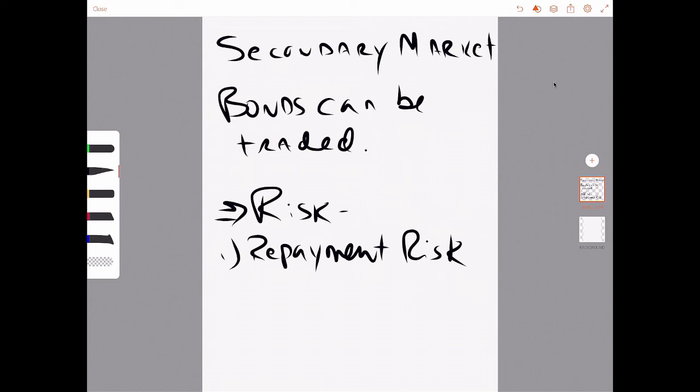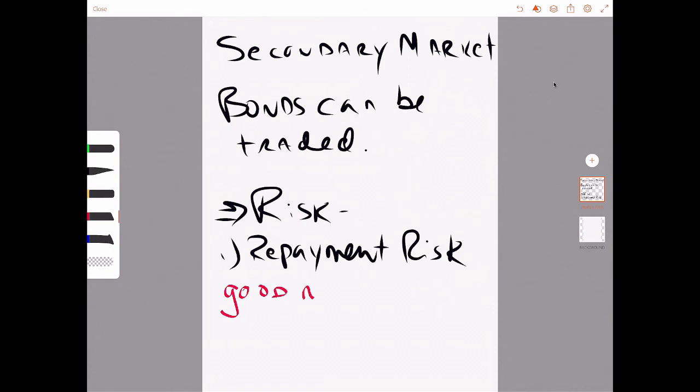So if you borrowed money before, as a company, have you paid it back on time? If you are a government and you have borrowed money, have you repaid it on time? And if you have a good risk rating, then you get to pay lower interest rates.